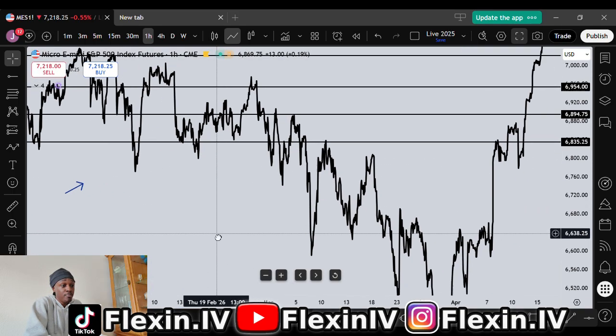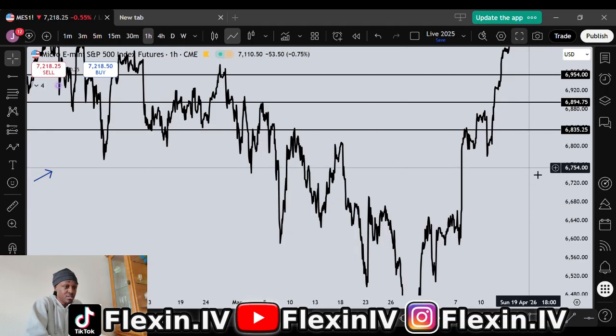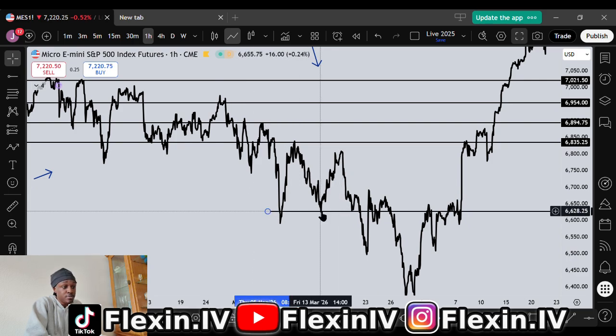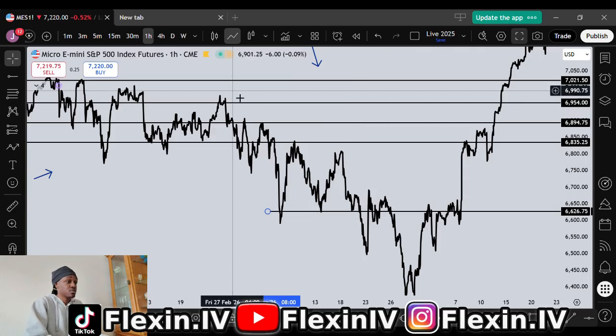So over here is a lot easier to spot. So this right here, support, resistance. It'll look different on the candlesticks.